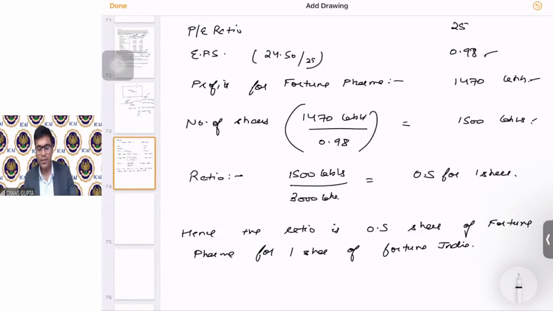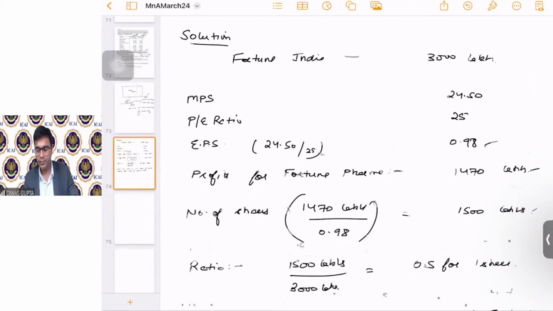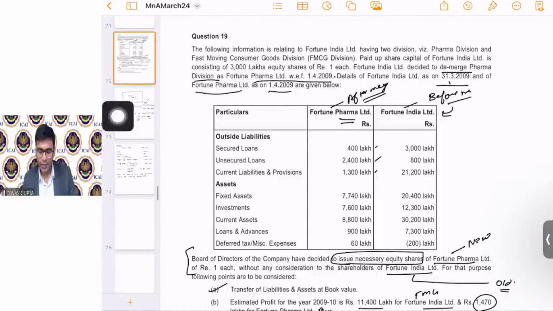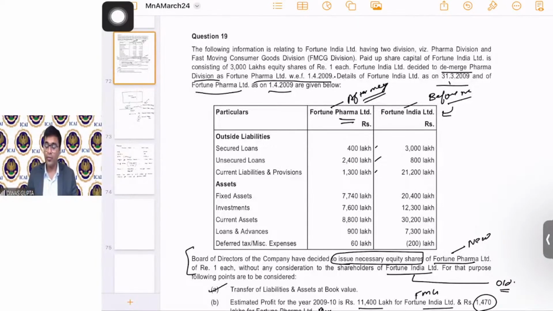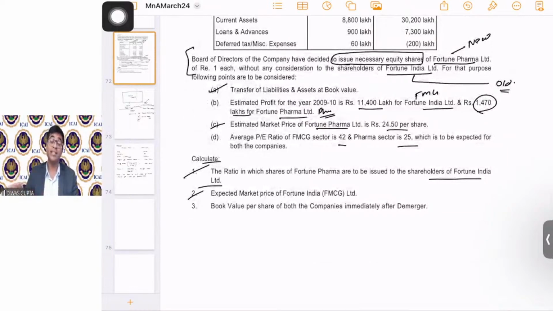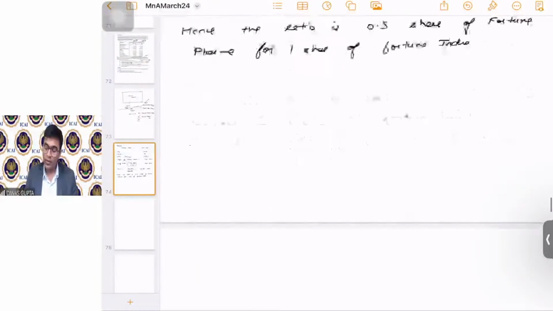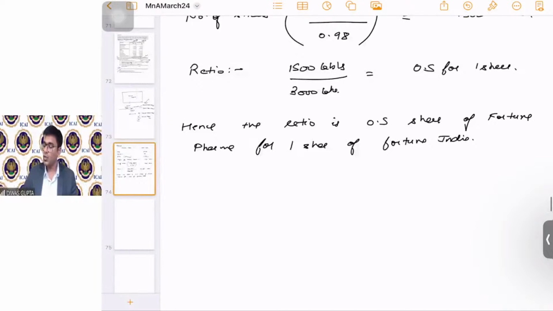All this information is given. We have to calculate the expected market price from forward-looking data. Not the new company, but the existing company, which is Fortune India Limited. Now, for Fortune India Limited, the FMCG one, what information should we use, or what calculation should we do, to arrive at the expected market price, students? Tell me, what information can we use to calculate the expected market price?